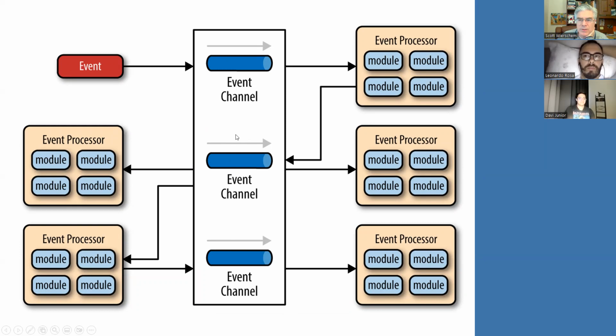It manages all the event channels that are used in the event flow, something like ActiveMQ or HornetQ. Each event channel passes its events directly on to the appropriate processor. If there's a related secondary event that needs to happen, then the event channel will handle that as well.